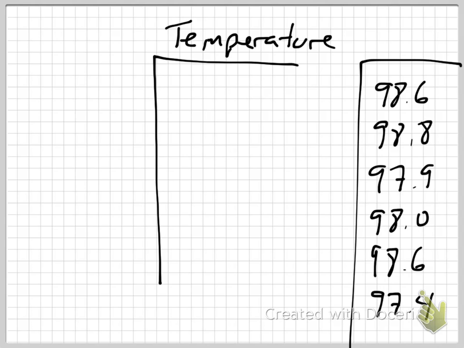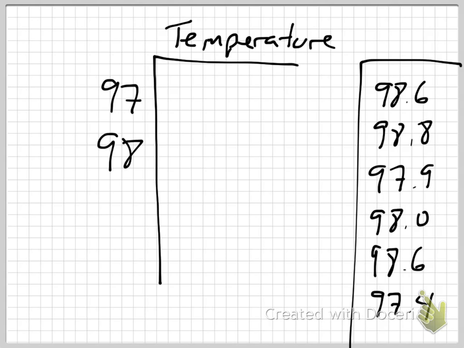You have the stem, which is the common part of everybody's information. In this situation, it would be 97 and 98. Everybody's temperature, at least the ones that I took, was a 97 or a 98.